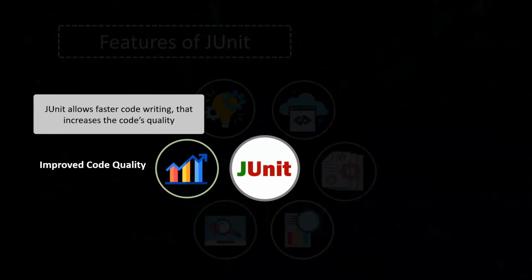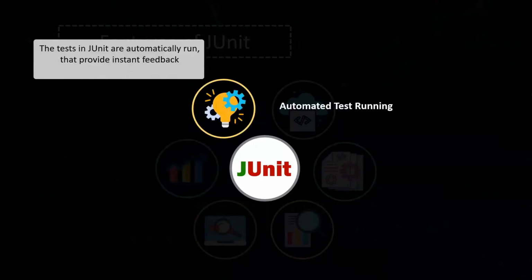Definitely the overall quality of the code is going to improve with the help of the JUnit framework. And it provides automation also, because these JUnit test cases can be configured within the pipelines. You can have a completely automated workflow with the help of this framework. And it provides instant feedback. The feedback channel is quite instant in the case of JUnit.